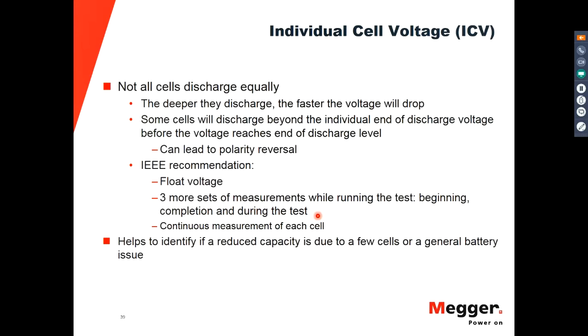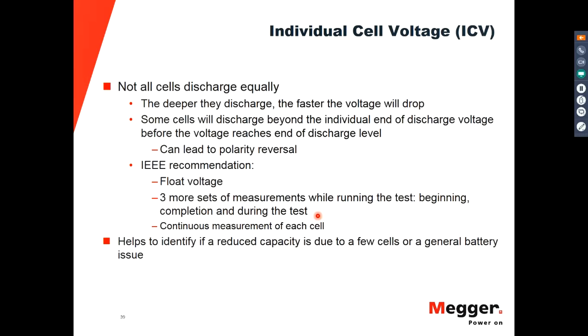So I just mentioned bypassing a cell. Not all of the cells discharge equally. Depending on the condition of the cell, or depending on the charge condition of the battery, the cell might run longer or faster or run out of capacity.